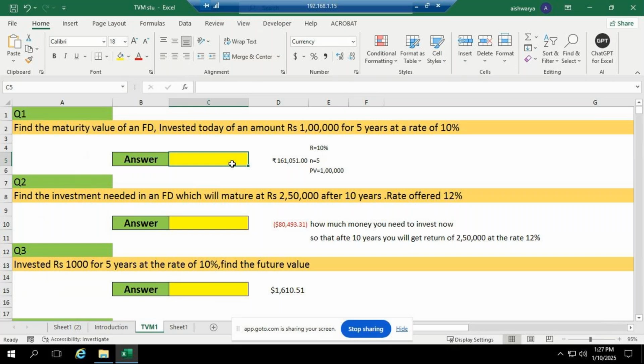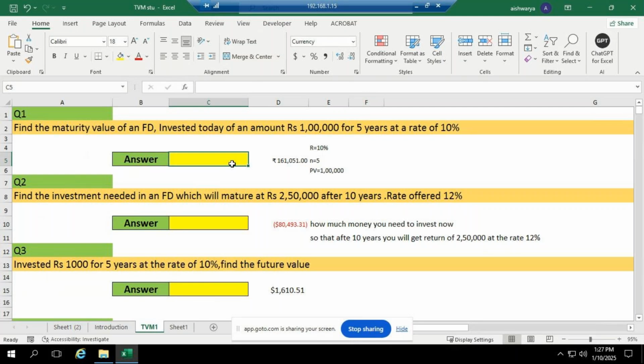So now what type of formula are we going to use here? We are going to use FV. What is that FV? FV is nothing but the future value. Understood? So how can we put the future value formula?